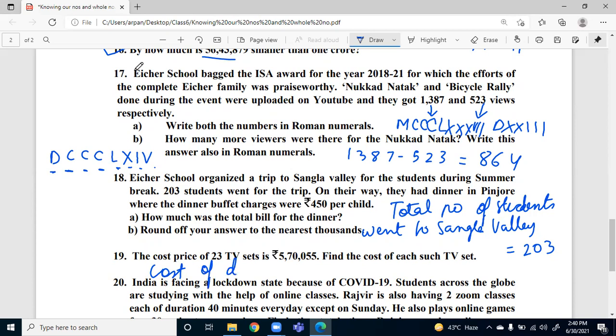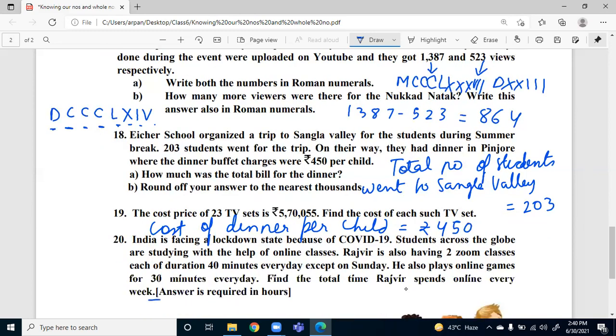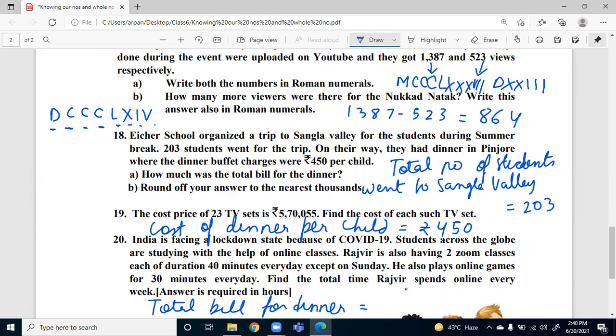Cost of dinner per child is equal to rupees 450. Correct? Total money charged is equal to 203 into 450. Total bill for dinner is 203 into 450. Ma'am, correct.